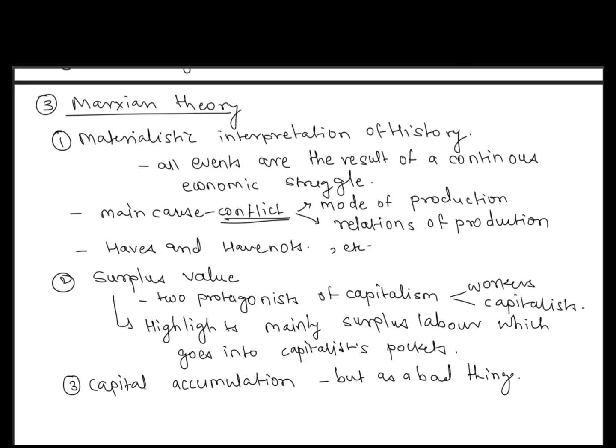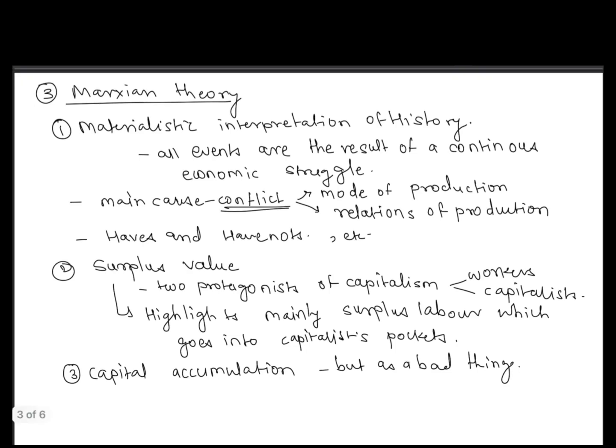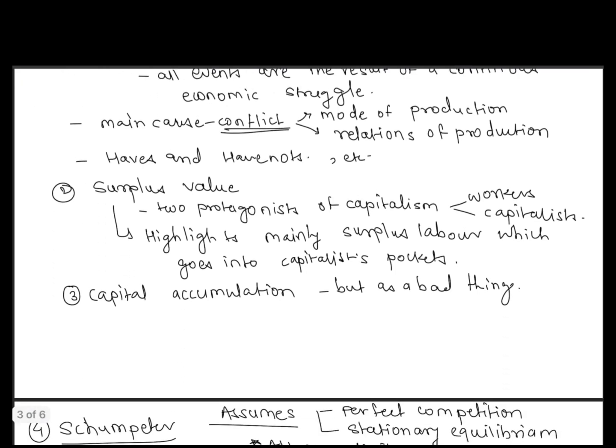So the difference of 4 hours, working for 10 hours but needing just 6 hours to produce the goods, that 4 hours of labor goes into the capitalist's pocket. Marx calls this surplus value, which he also names surplus labor, and that's the second component.